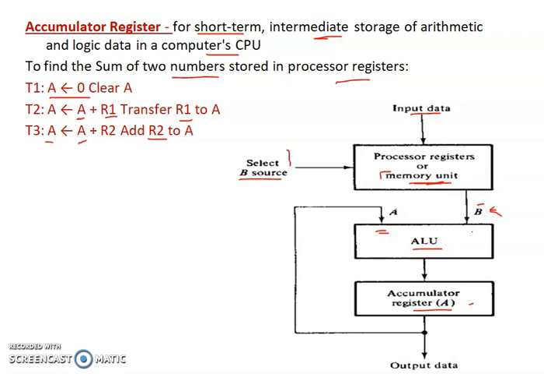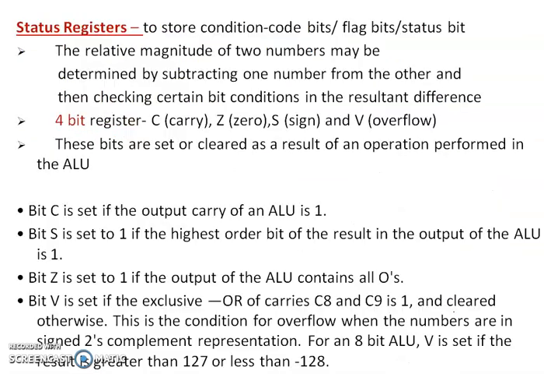Based on the ALU function select, it retrieves the data from the bus, performs the operation, and shows a result. The ALU output will again be fed back. This is the process done for any accumulator register. So this is a diagram for the accumulator register.